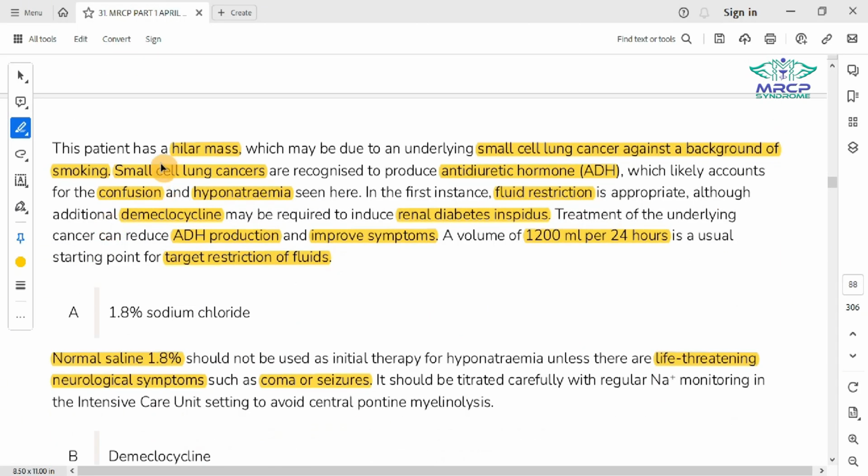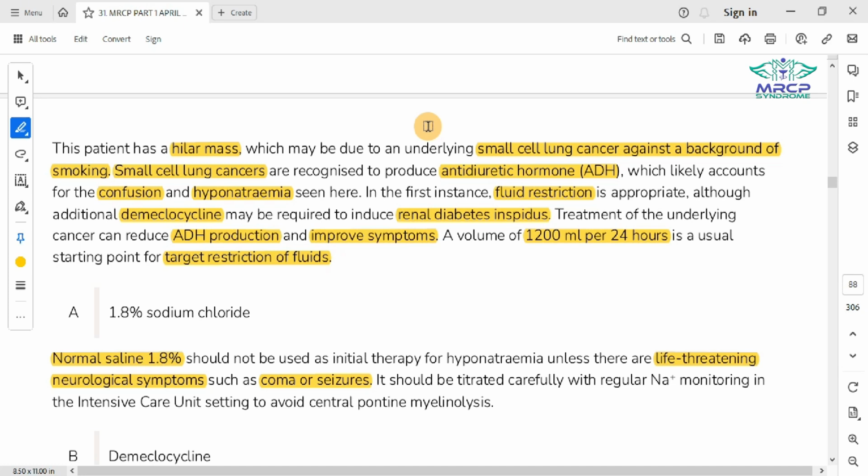This patient has a hilar mass which may be due to an underlying small cell lung cancer. Against a background of smoking, small cell lung cancers are recognized to produce ADH, which likely accounts for confusion and hyponatremia seen here. In the first instance, fluid restriction is appropriate.